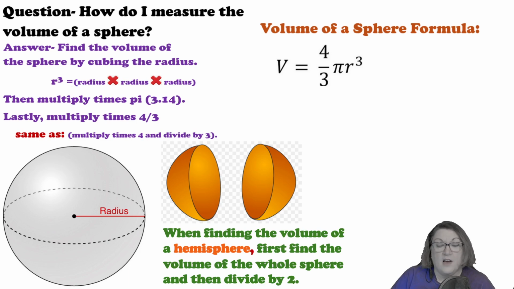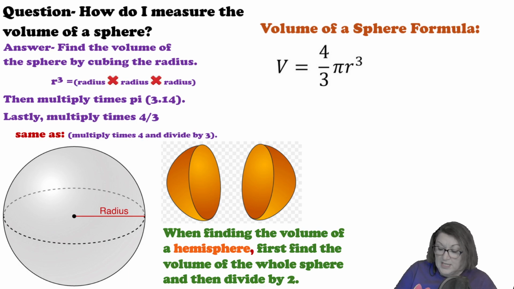Just as we learned in the cylinder video, when you multiply times 1/3, it's the same as dividing by 3. When we multiply things by 1/2, we can also divide by 2. It's the exact same thing.